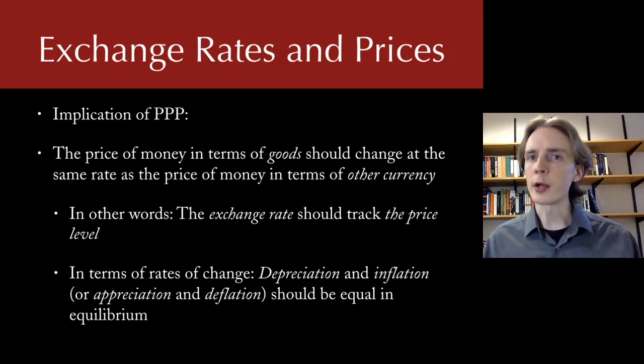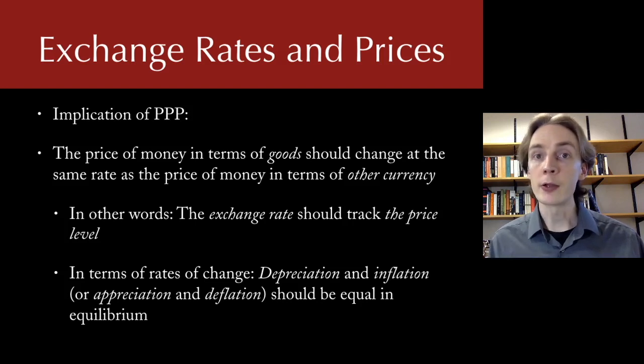So in equilibrium, if a currency is inflating at 2% a year, so goods are getting 2% more expensive every year, it ought to be depreciating at a rate of 2% a year as well against other currencies that don't have any inflation.